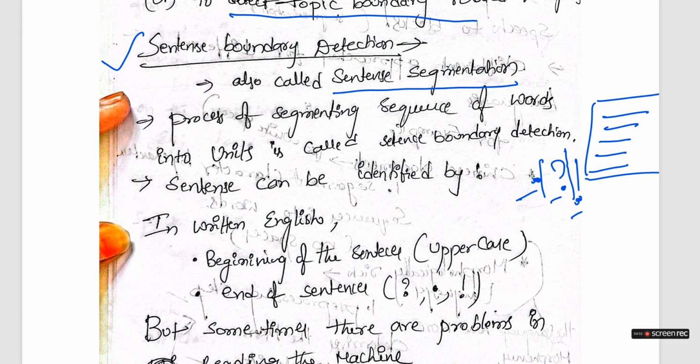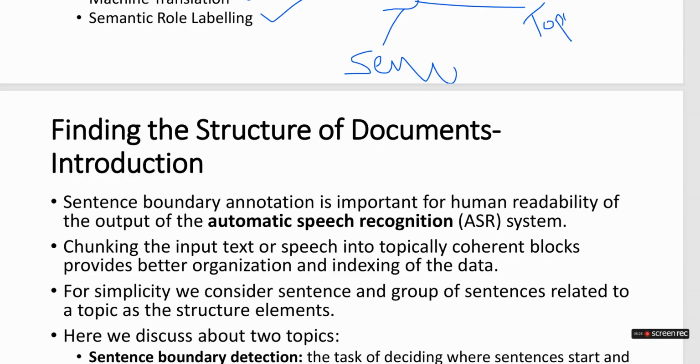The process of segmenting the sequence of words into units is called sentence boundary detection. These sentences can be identified by using these punctuation marks, in English. Normally, see how people write paragraphs in English.